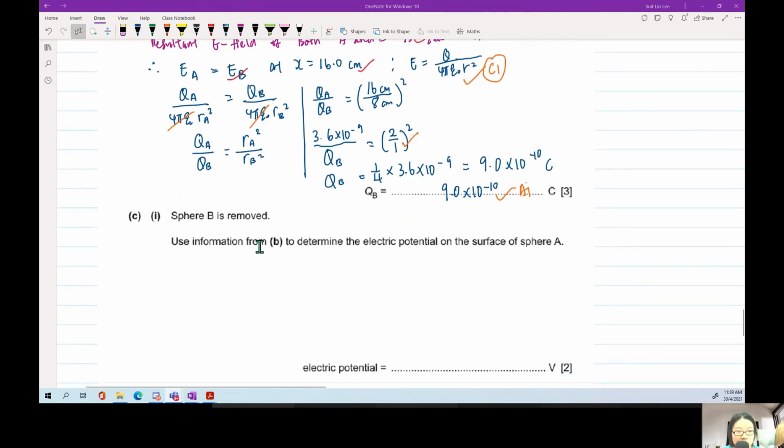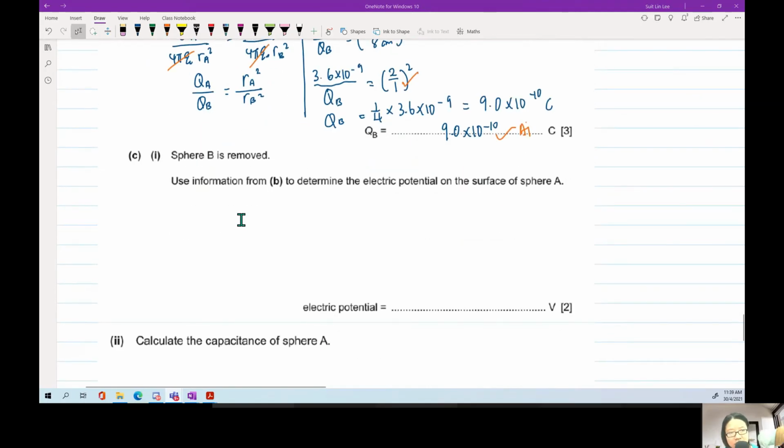Great. Moving on. We now take away B. Using the information from B to determine the electric potential on the surface of A. Well, we know V is equal to Q over 4 pi epsilon naught R. So if we want on the surface of A, we will take QA. And then this is radius of the surface.